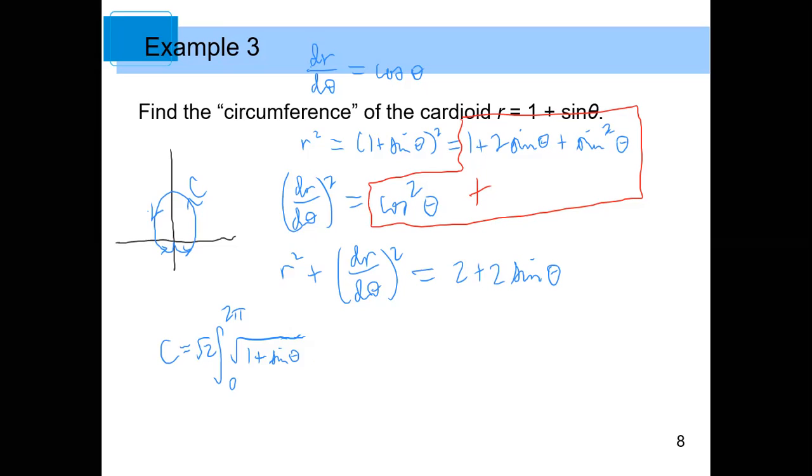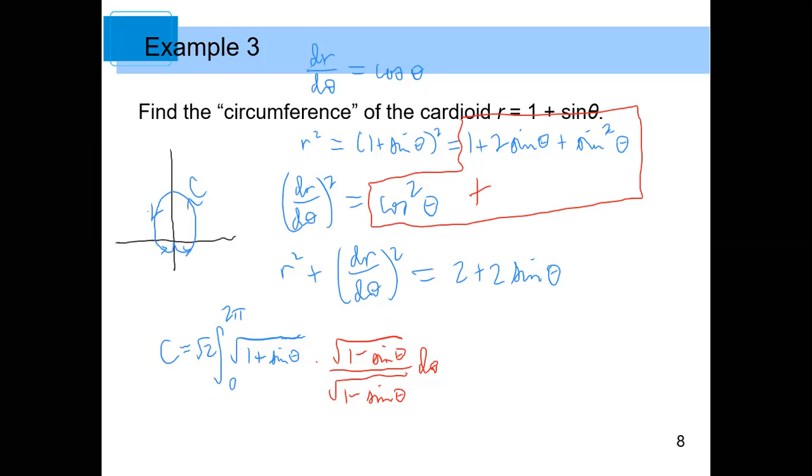Okay, and what was the conjugate, Maria? Yeah, so let's multiply this by the square root of 1 minus sine theta over square root of 1 minus sine theta, d theta. What do we end up with here?